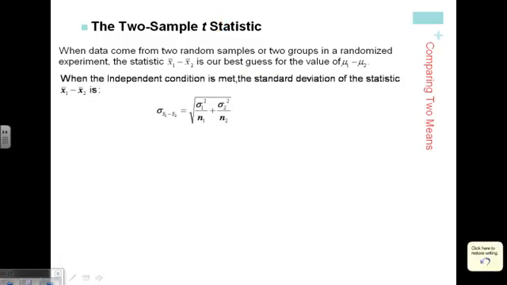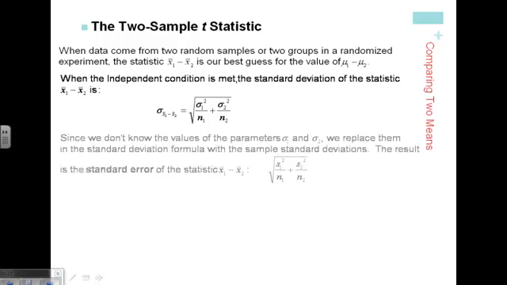All right? So when the independent condition is met, we have this great formula for the standard deviation of the difference of sample means, but we can't use it because we don't know what sigma is. So instead, as Paul has said, we're going to use the standard error for the distribution of difference of sample means.